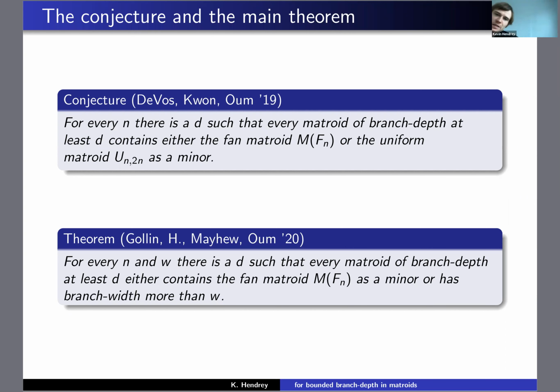I mentioned before that the branch width of a matroid is always a lower bound for the branch depth of a matroid. So every matroid with large branch width also has large branch depth. In some way, this gives a necessary and sufficient condition for a matroid to have large branch depth.